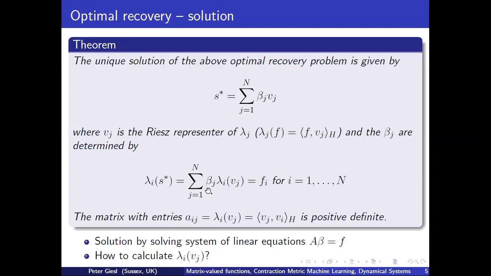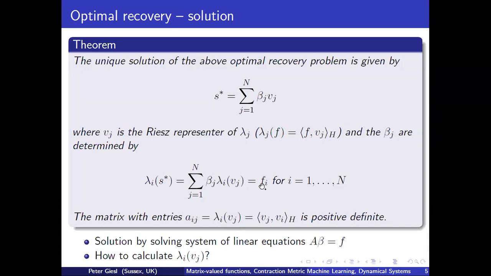So the easiest way is to write it down as a matrix. A beta is F. F is the vector of f_i's here, and A is the matrix A_ij given by lambda i of v_j.